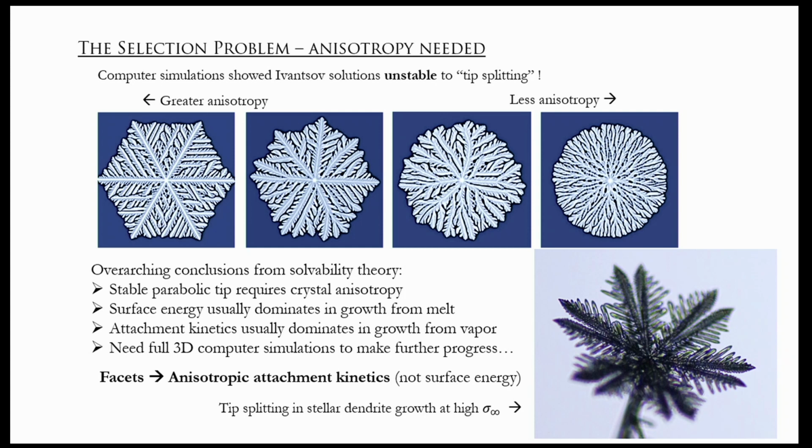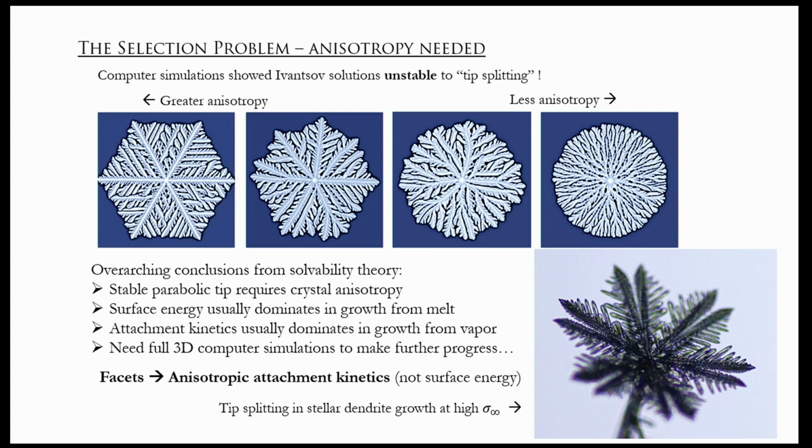Another thing that came out of this whole effort of solvability theory is that the anisotropy was critical. If you do not have any anisotropy in the crystal, then the solutions are unstable to what's called tip splitting. So if you add some anisotropy, either in the attachment kinetics or in the surface energy, and for six-fold symmetry in this case, you get these tips which grow, and you get the Ivantsov solution.